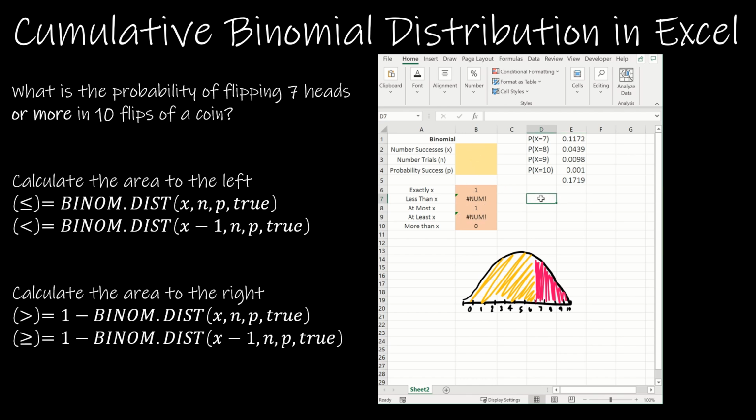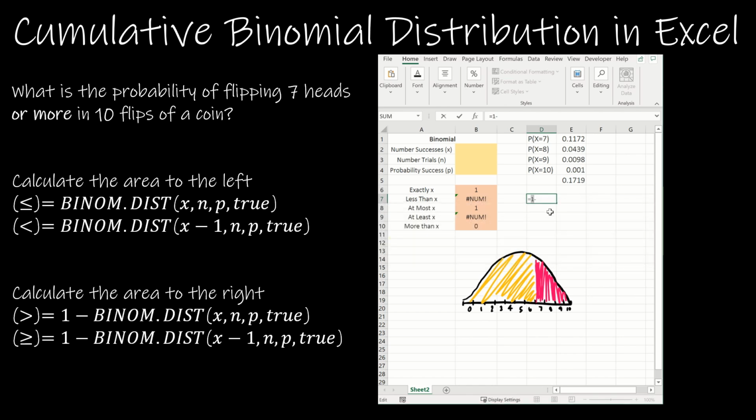So again, for a forum or a project, you're going to need to know that if I'm calculating the area to the left, I'm going to use binom dist with true. It's important to understand that Excel always goes to the left. Here I'm trying to find 7 or more, so I'm going to use 1 minus.